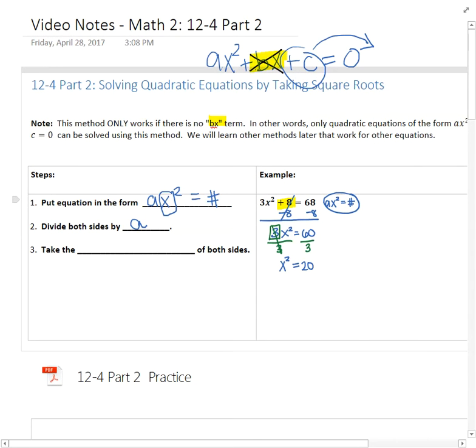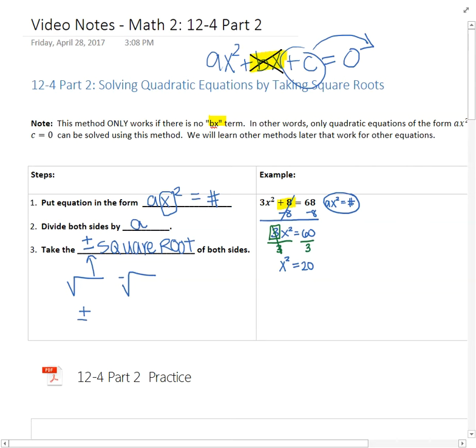So our third step here is we are going to take the plus or minus square root of both sides. Okay, so that stands for plus or minus. It means we're going to take a positive square root and we're going to take a negative square root at the same time.